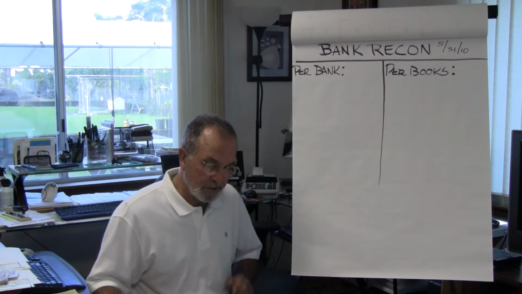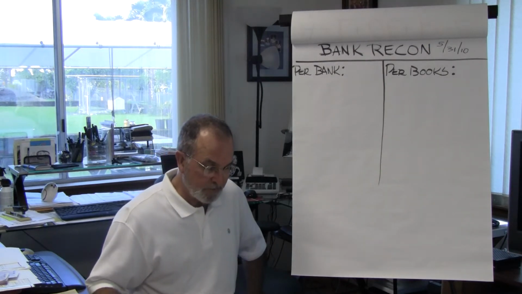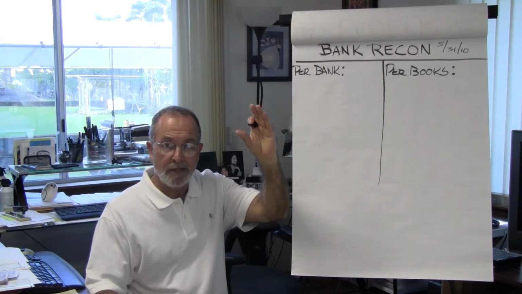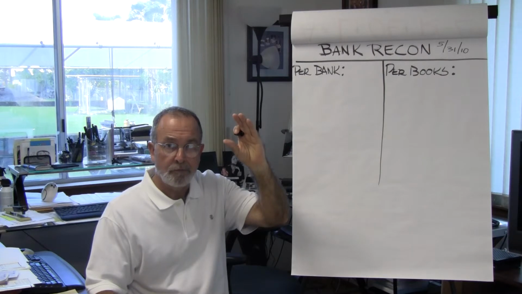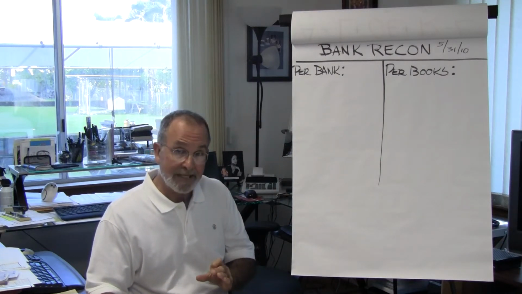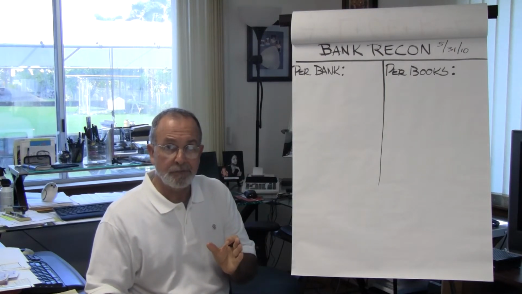A bank statement, aside from the identification information at the top, is basically going to show you the beginning balance, the balance of your account at the beginning of the month, the balance of your account at the end of the month, and all of the transactions in between.